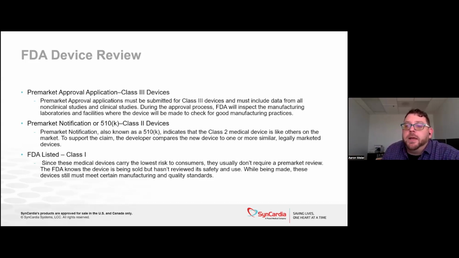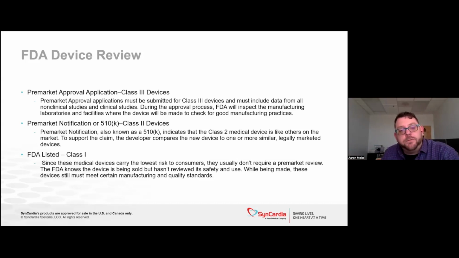Let's say I'm looking at a blood test for a disease marker, right? There's already one on the market. My job then is to demonstrate that I can detect that disease marker as well or better than the on-market product, right? My breathing machine provides as good or better breathing performance than the competitor's device.